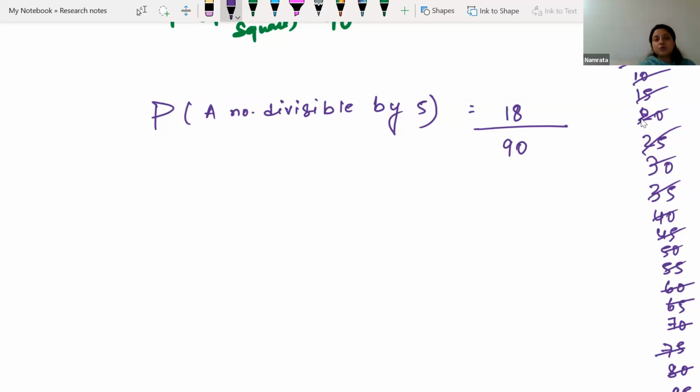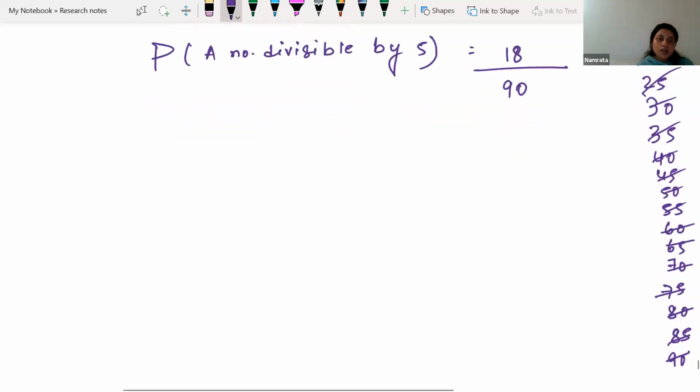Let's do a few more questions from here. So another question says a child has a die whose 6 faces show a letter.